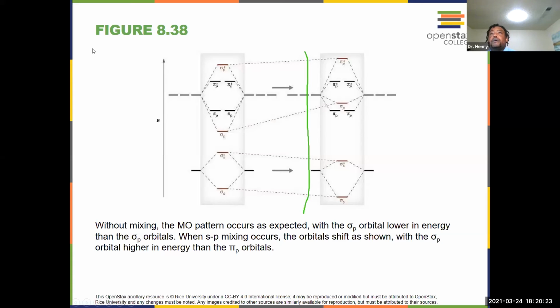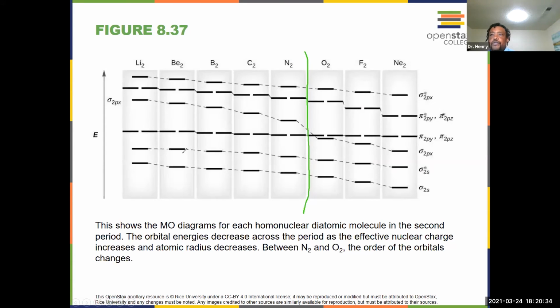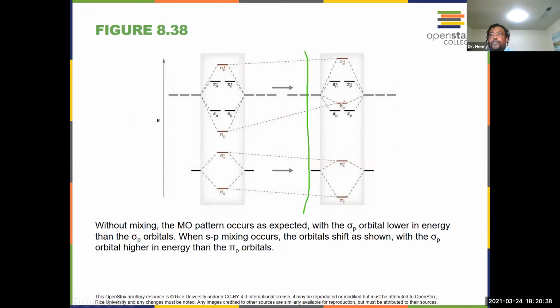So this is the one that favors sigma below the pi's. If you remember, sigma below the pi, that's going to favor the oxygen. This one is going to favor the nitrogen. So this will be our nitrogen type, and this will be our oxygen.